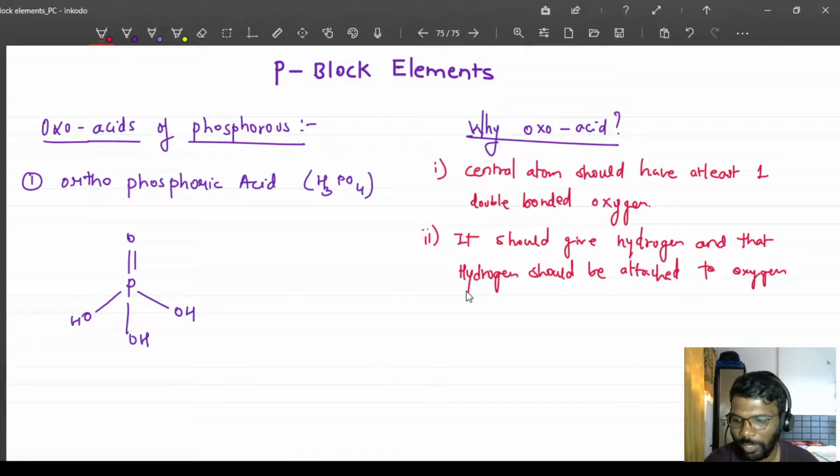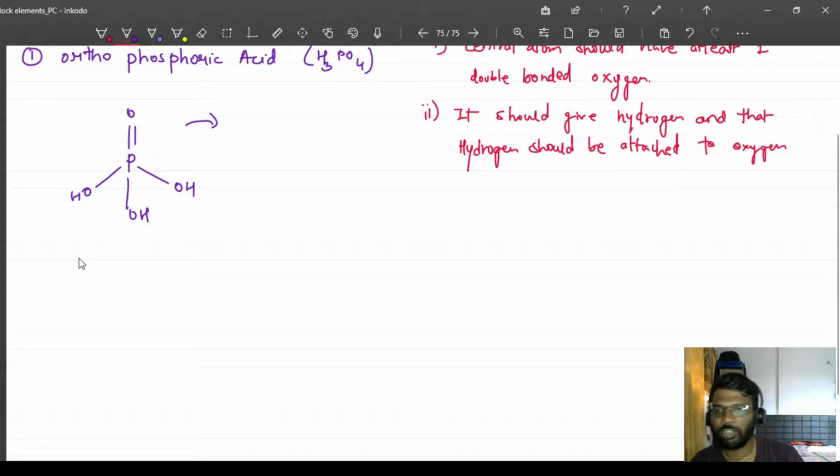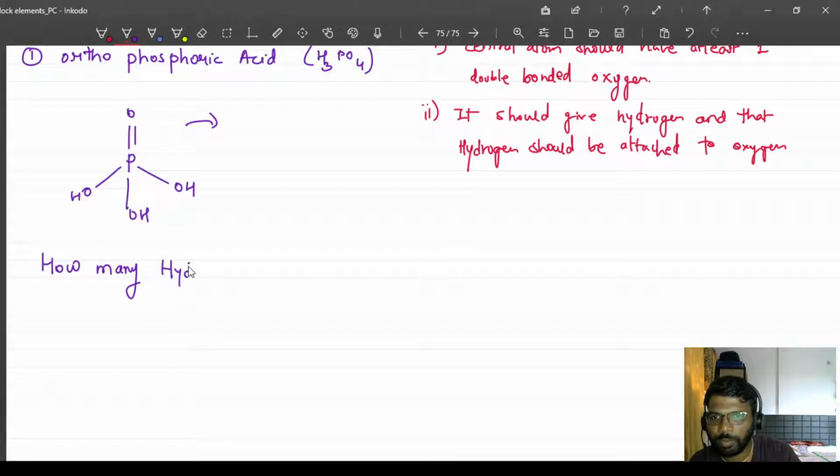So how many hydrogens can H3PO4 give? The question which may arise by looking at this acid: how many hydrogens can H3PO4 give?